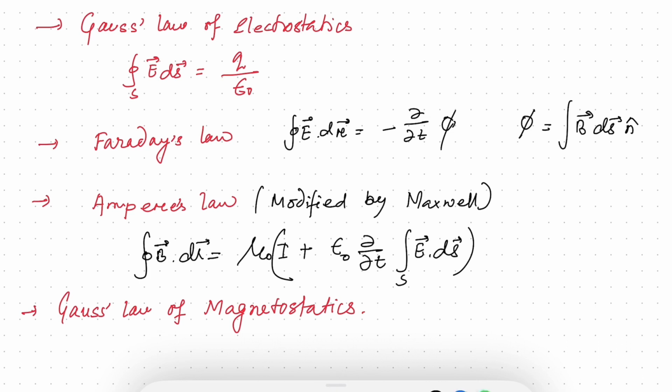Here this one is given by the surface integral of B dot ds vector is equal to 0, right? So these are the Maxwell's equations, four equations.